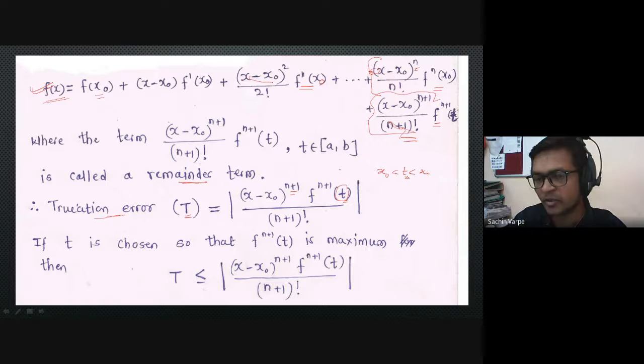So t is any point from x0 to x at which it gives the maximum truncation error. If t is chosen so that the (n plus 1)th derivative at t is a maximum, then the truncation error is less than or equal to the modulus of (x minus x0) raised to n plus 1 upon (n plus 1) factorial into the (n plus 1)th derivative of f at t.